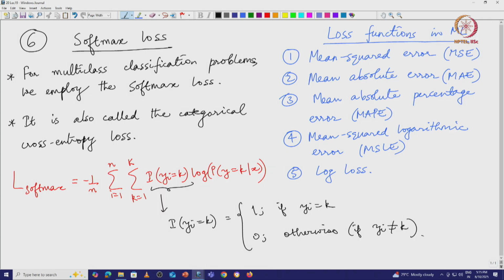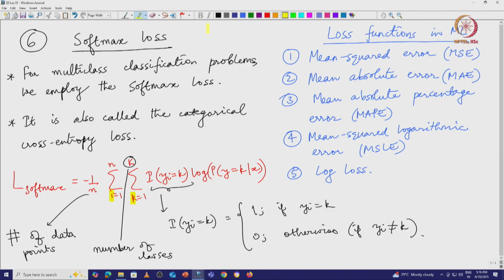That is the indicator function, and n you already know is the number of data points, and capital K is the number of classes in your ML model, and small i is the index for the data point and small k is the index for the class. I hope this notation is clear to you.